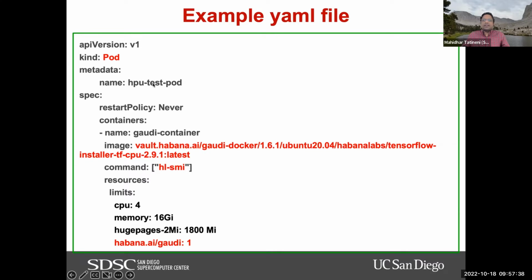You can't have multiple pods with the same name. And in the spec, you can give the container info. Here, the image that I'm pulling is from Vault, and this 1.6.1 is the current Habana Synapse AI version. And I'm pulling an Ubuntu container with TensorFlow 2.9.1.